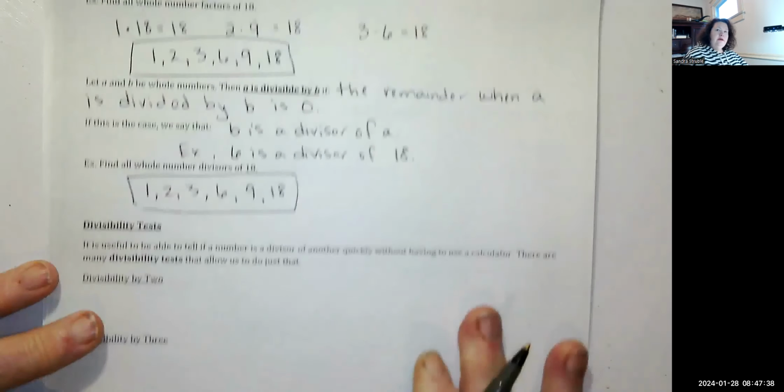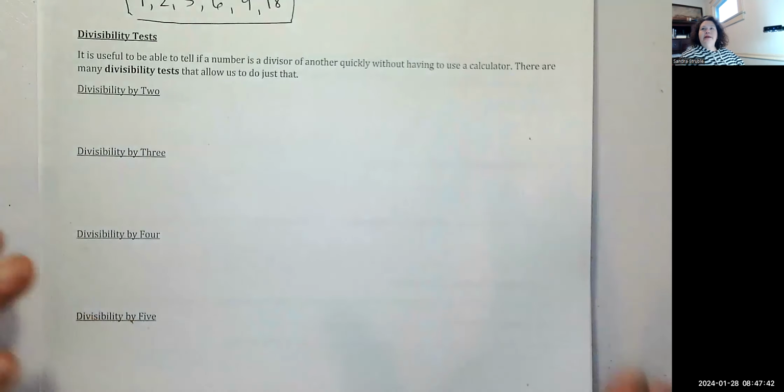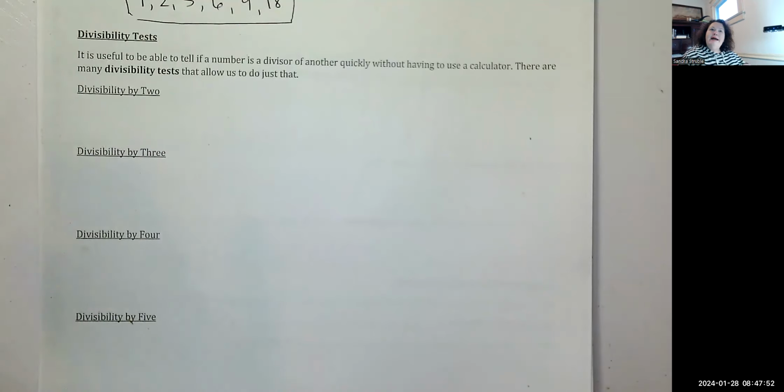Let's talk about divisibility tests. One of the things I find is folks don't know where to start. If you get a big number and you don't know what divides into it, these are the little tests you can do to find out.